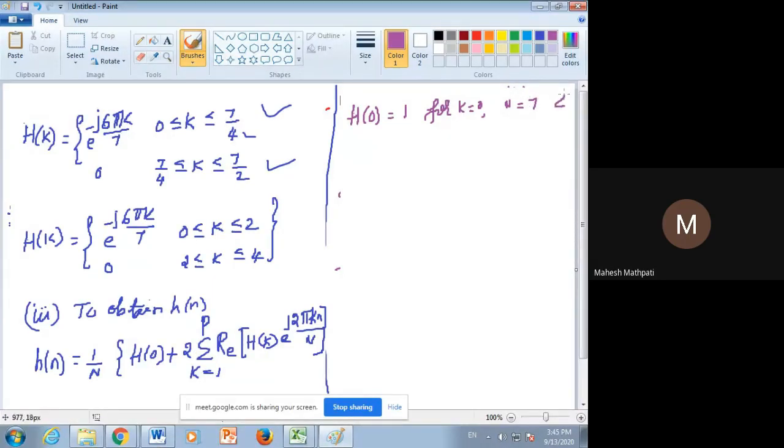And what is the value of p here? p क्या होगा आपका?